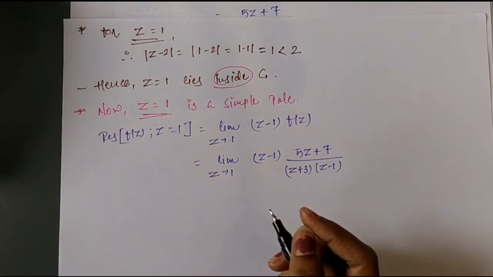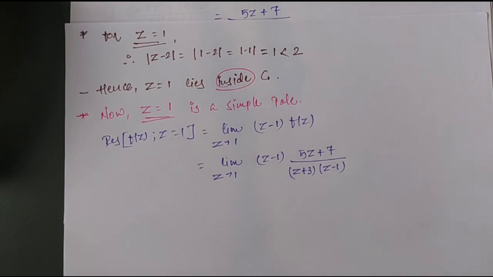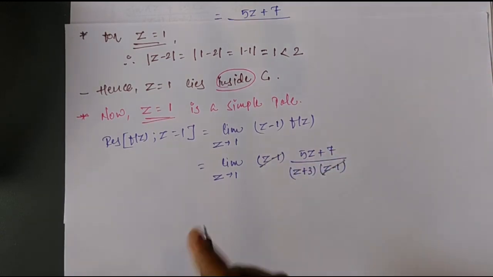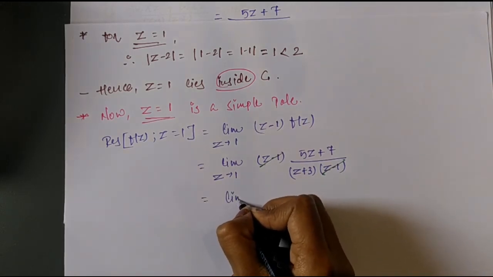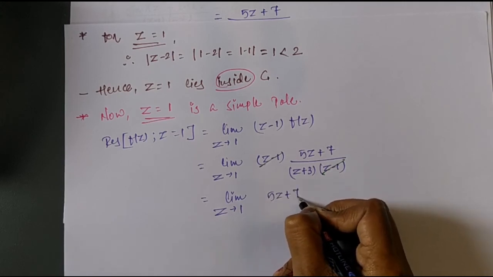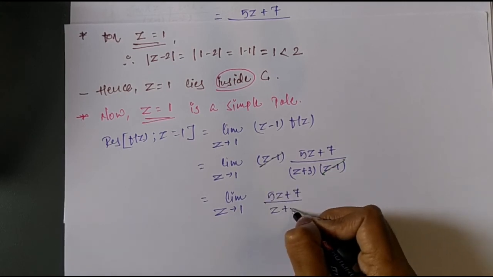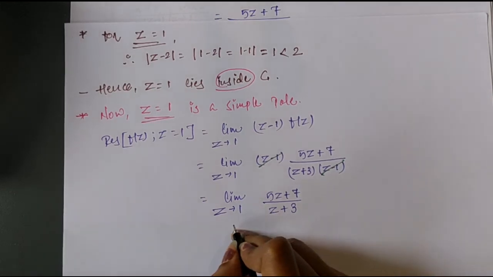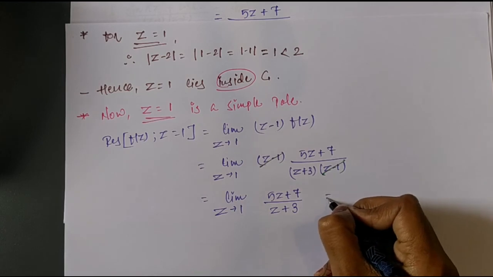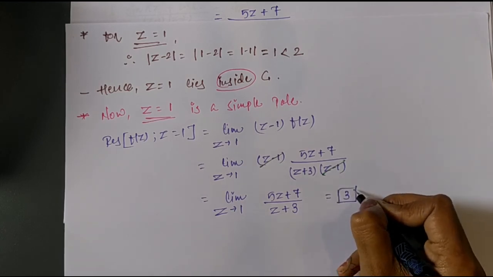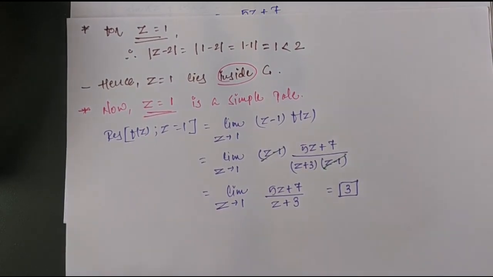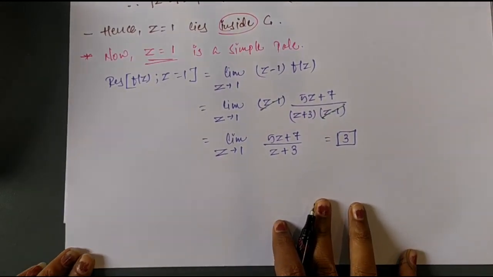So now both these terms will be removed, and I'm writing the remaining part: limit z tends to 1, (5z plus 7) upon (z plus 3), and putting this value of z you will get the answer 3.